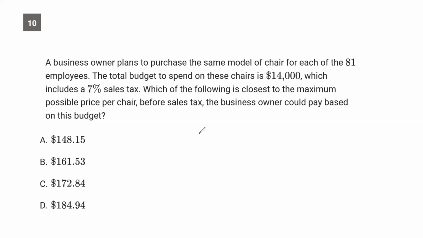Okay, so price, we're going to do P for it. You can do any letter you want, but you're going to have 81 because there are 81 employees, and then you're going to multiply that by 1.07, because it's a 7% sales tax, so you're adding 7% onto the original price.